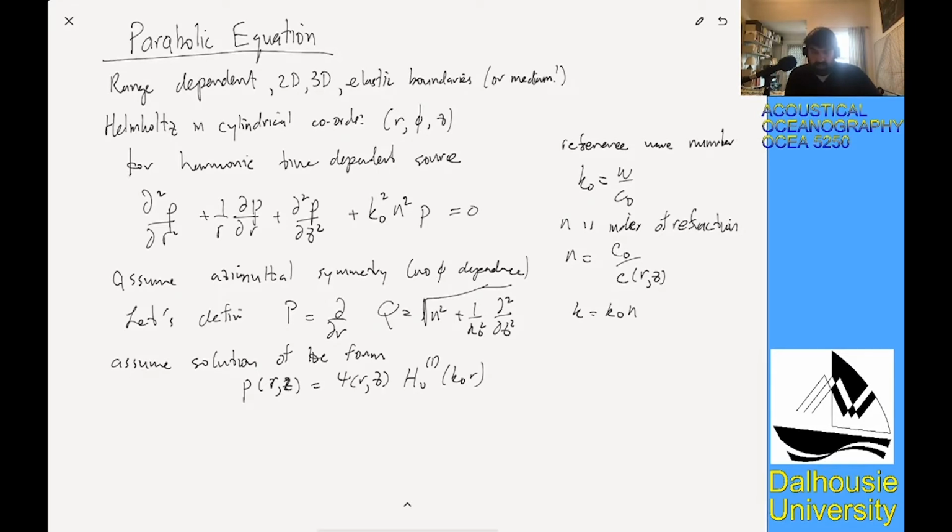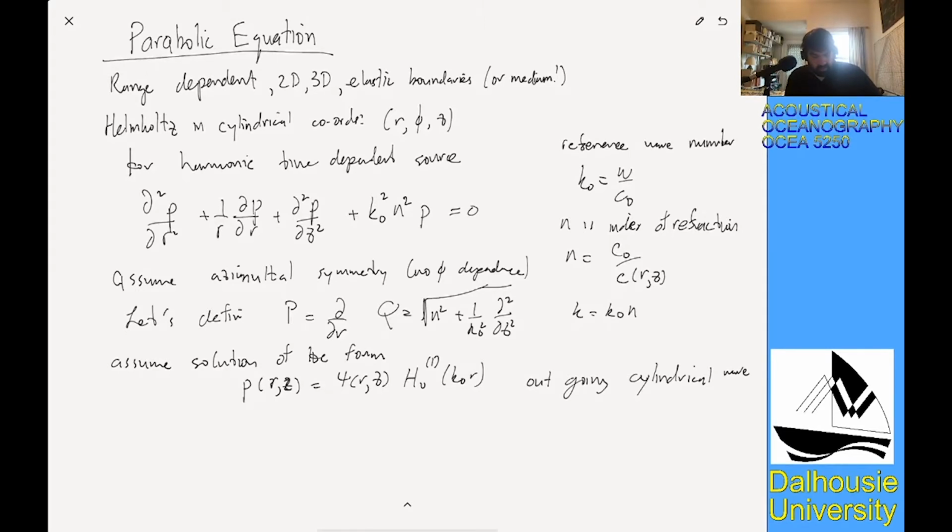So that should be a pretty comfortable assumption now. We're really talking about an outgoing cylindrical wave. So most of the range dependence will be taken care of in that second term, in terms of the geometric spreading. We're going to take care of the range dependence introduced by the environment in that first term, the psi term.